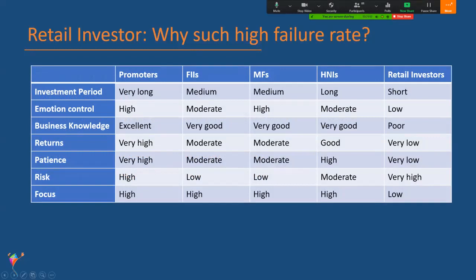I have tabulated it, the same things we have covered for the promoters, FIs, mutual funds, HNIs, and retail investors. And yes, I have covered one more: that is risk. Promoters have a high risk. What you are seeing are the successful promoters. What you have not seen, what you do not know, is the failure of the promoters. So they are at high risk.